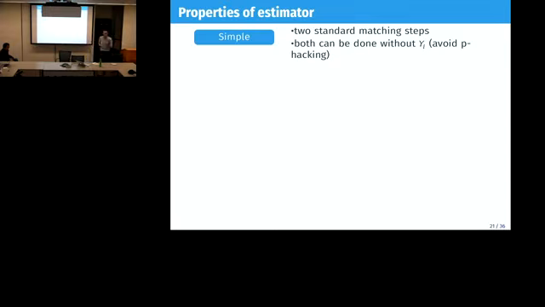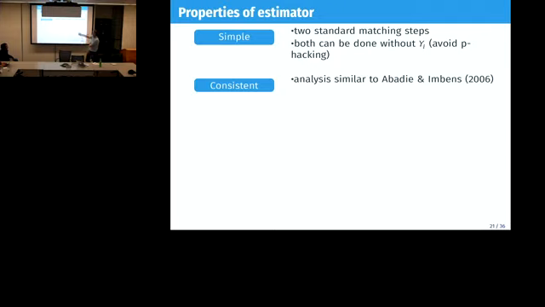So you can figure out the identity of the matches first, and then get the data later. You could do this before you get the outcome data, in some sense tying your own hands so you're not going to be hacking. We do an analysis similar to Abadie and Imbens, roughly the same style.